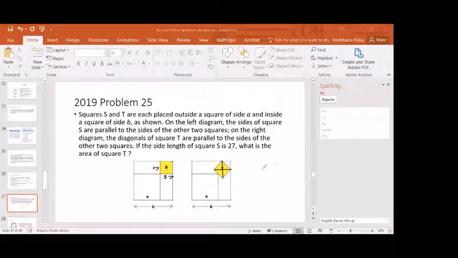This requires a lot of geometry, but also a lot of intuition, which I don't like doing. I've got quite a few proofs and calculations, and I'm not going to go through all those calculations. When you get the notes, you can study it, but just remember that the original square is 27, and you want to find the area of the square here.